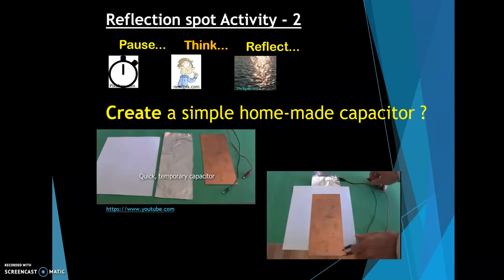Now pause the video, think and write down how you can create a simple homemade capacitor. I hope you can recall the basic design of a capacitor. Think of performing this activity like this. Take two thin aluminum foils, cut them appropriately, insert a dielectric material like paper, mica or a plastic sheet in between them and grip it together. Connect the two conducting foils to the terminals of a battery.